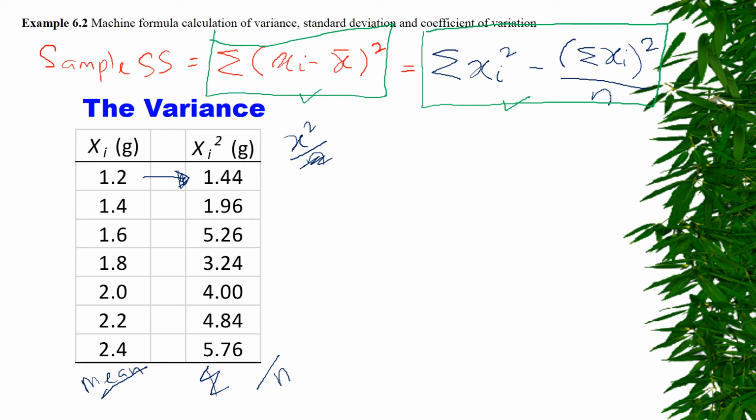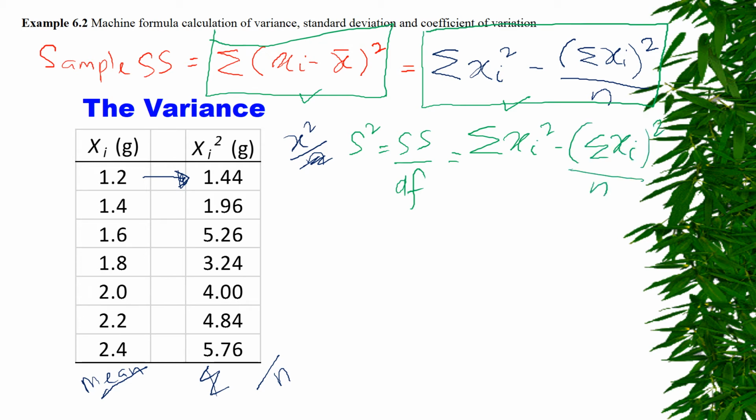Therefore, since the sample variance equals the sum of squares divided by the degrees of freedom, you get the sum of squares from this formula, and then divide by the degrees of freedom. So you get this information easily, ready, just based on one table.